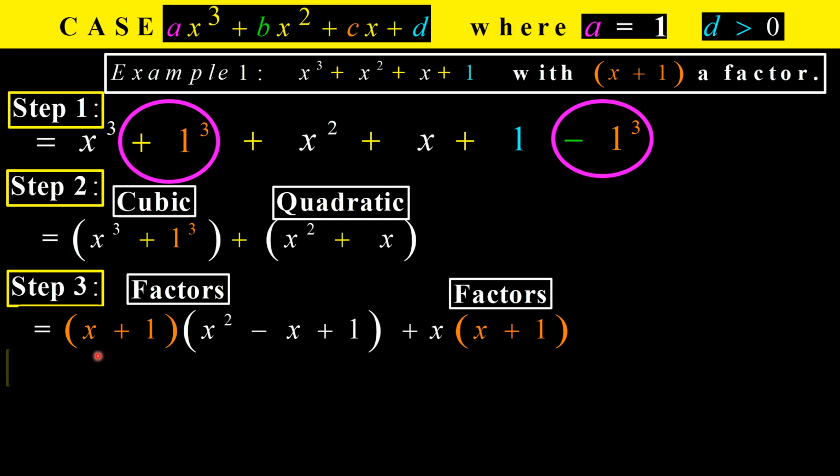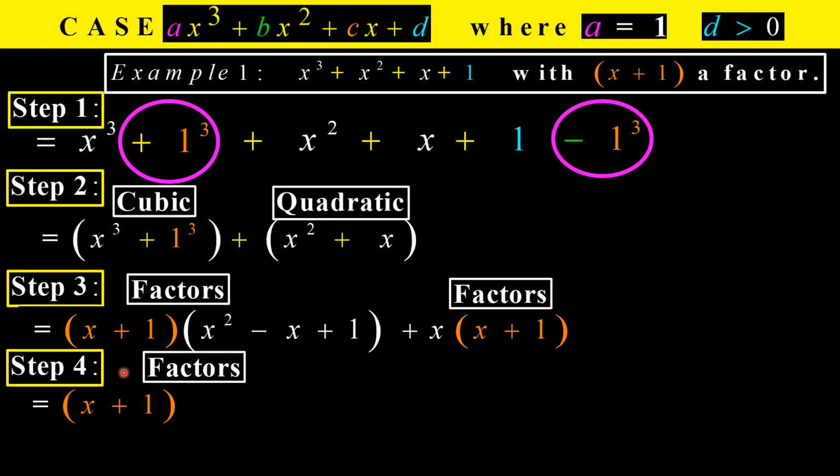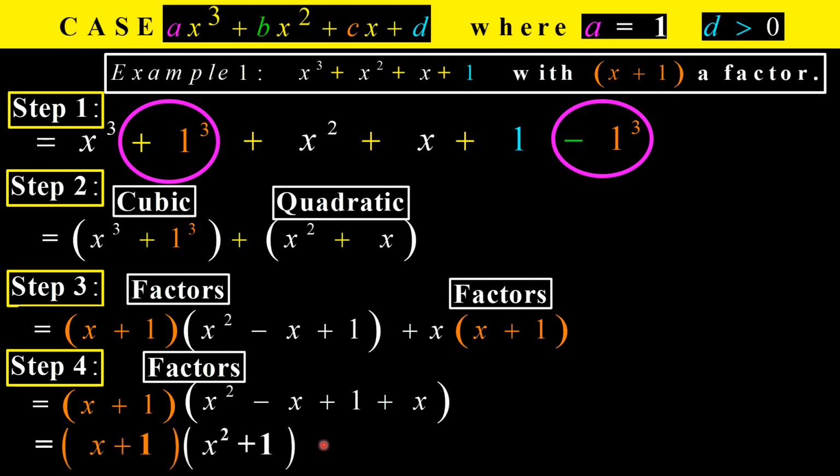So I can factorize that further. I can take out a common factor of x plus 1. So if I take out a common factor of x plus 1, I'm left with x squared minus x plus 1 plus that x. And if I simplify that, you can see there's a minus x and I add an x, so they cancel out. So my answer is just x squared plus 1.